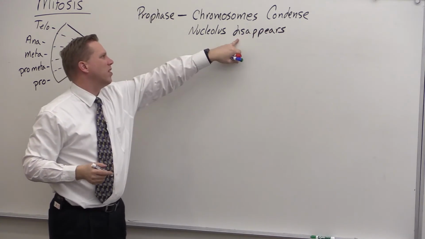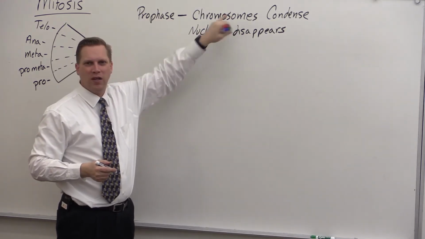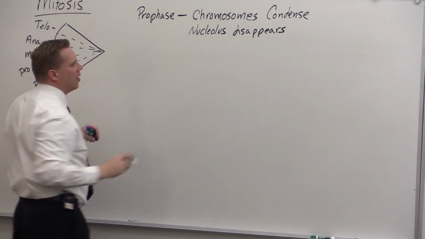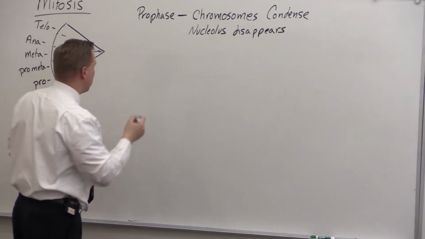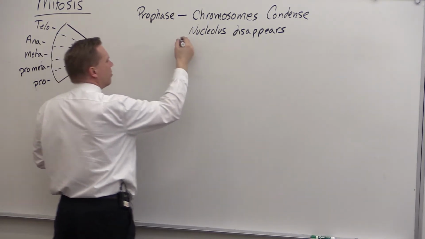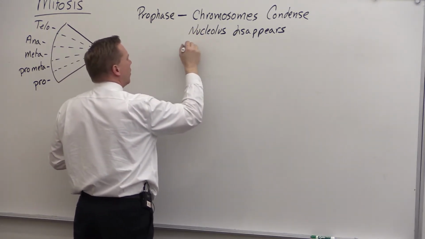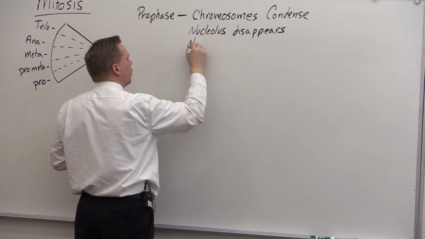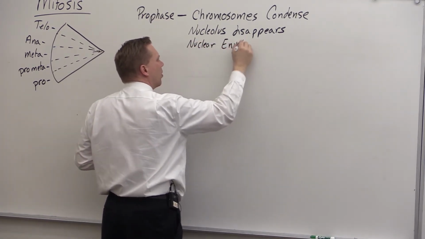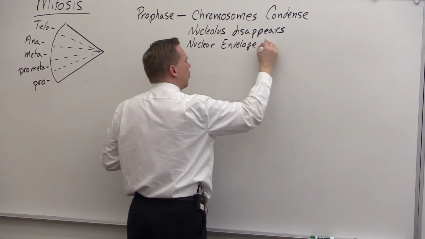The nucleolus is disappearing because the chromosomes are condensing. And that's generally what we talk about with prophase as what's happening. The next part, we'll put under here the nuclear envelope breaks down.